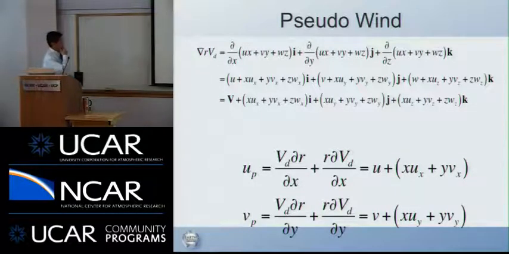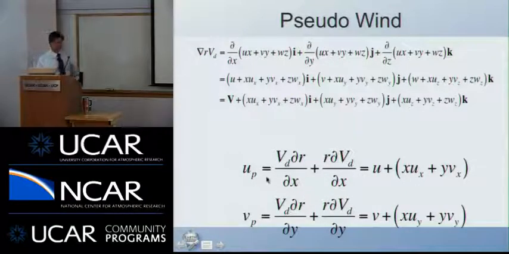Another point I want to make is what we call pseudo winds. If you look at the gradient of r times vd, as I illustrated earlier, it's a velocity factor plus a bunch of gradient terms. If we look at it in two dimensions, with up as pseudo u and vp as pseudo v, you can write the equation and match the left and right-hand sides in these terms.